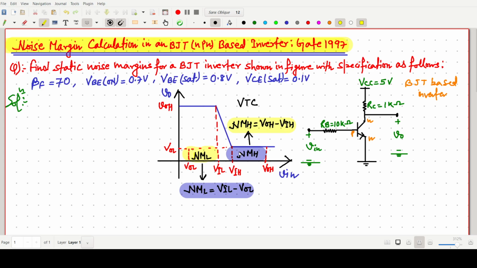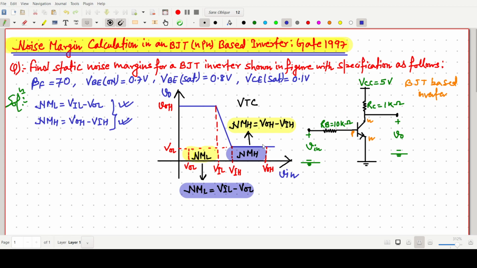These two are very important formulas, so once again I am writing them here: NML is VIL minus V naught L, and NMH, the noise margin for a high input voltage, is V naught H minus VIH. These are the two things which are required in our question, static noise margin. So we have to find the values of VIL, V naught L, VIH, everything.